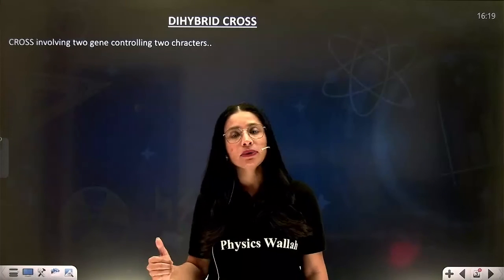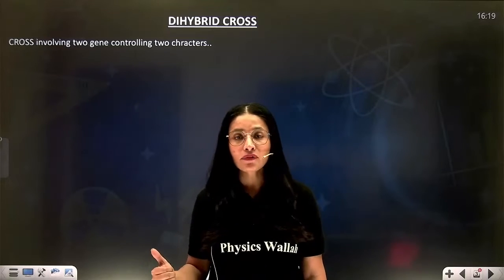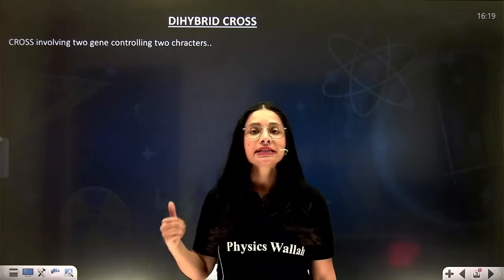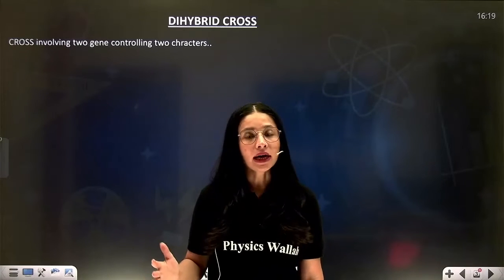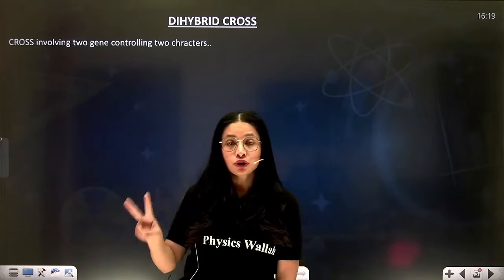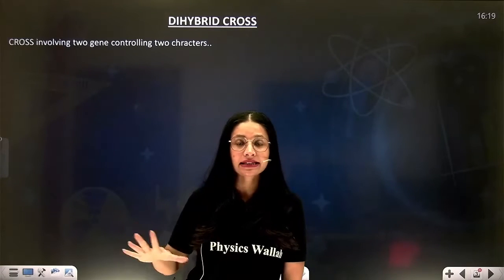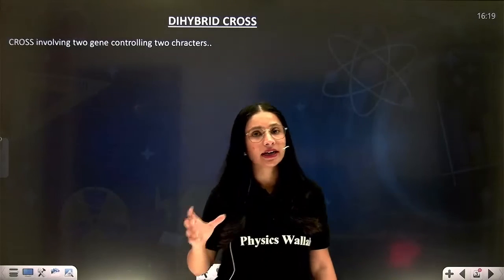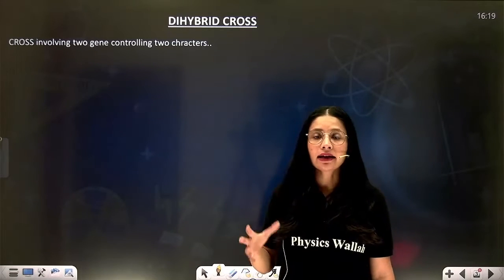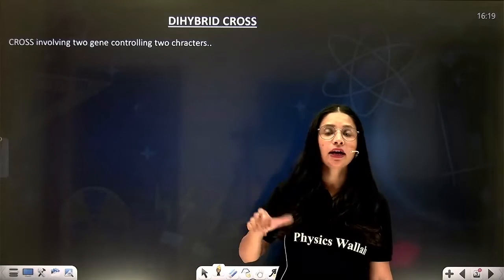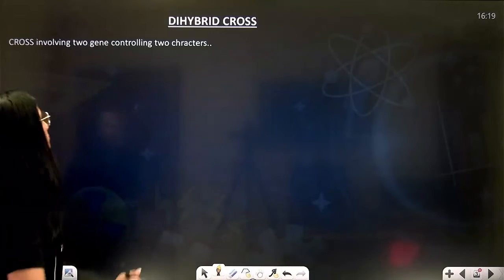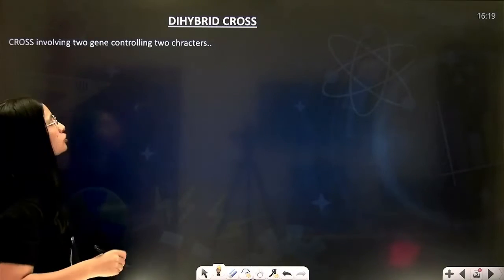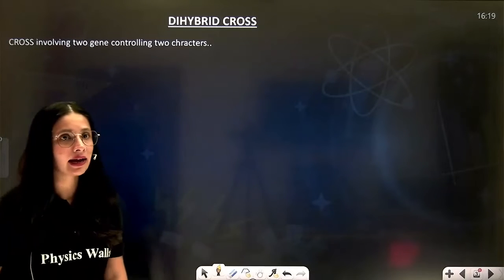That means here we are going to study the pattern of inheritance of 2 genes simultaneously from the parents to the offspring. For example, I am considering 2 genes controlling 2 different characters: the shape of the seed, that is round and wrinkled, and the color of the flower, that is violet and white. So a cross involving 2 genes controlling 2 characters is a dihybrid cross.